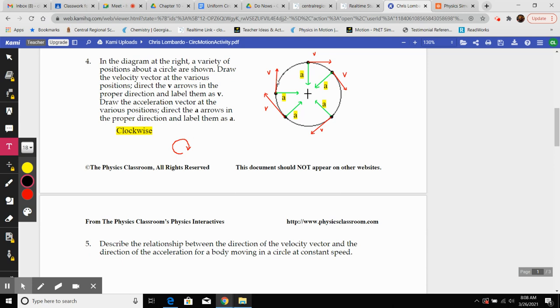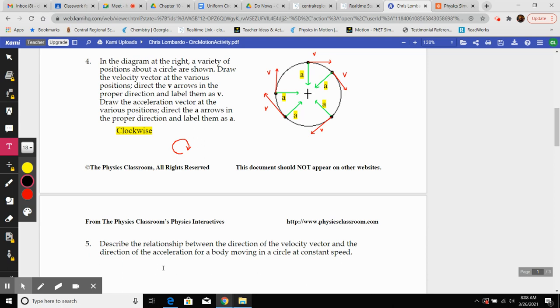Based off of looking at what our final product looks like, describe that relationship. How is the velocity vector being pointed? Now, we've said it a couple times already in this lecture, and the same thing for acceleration. So tell me, what is that relationship?